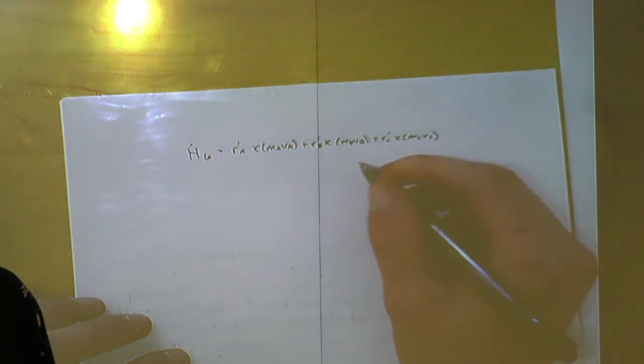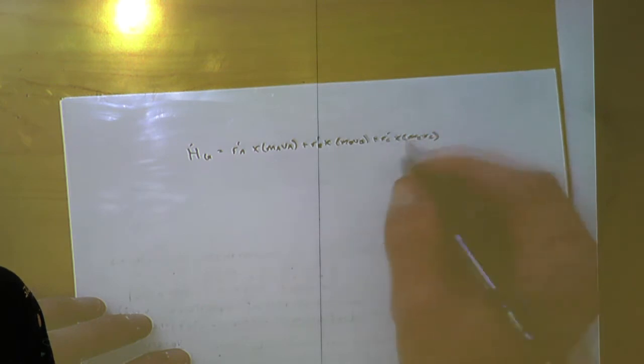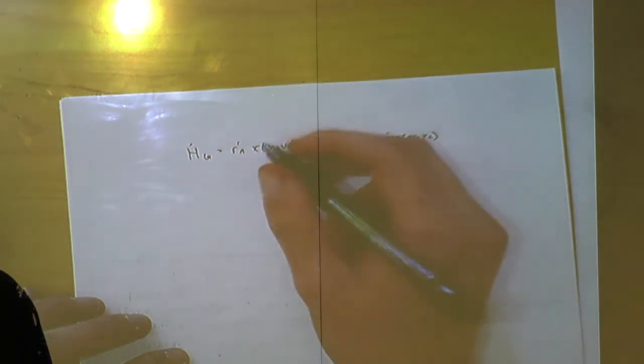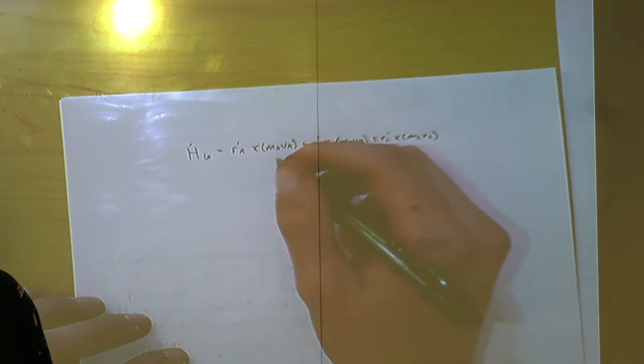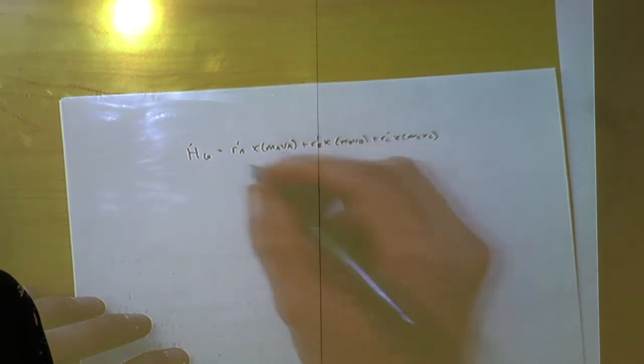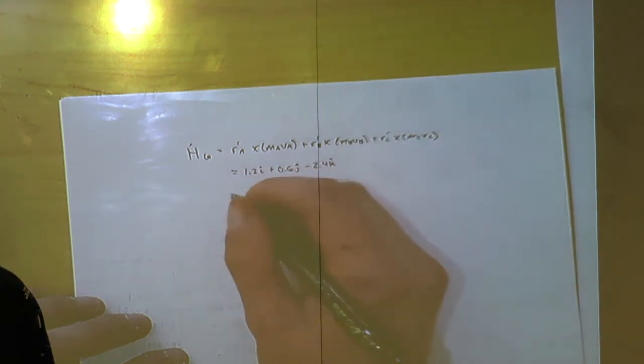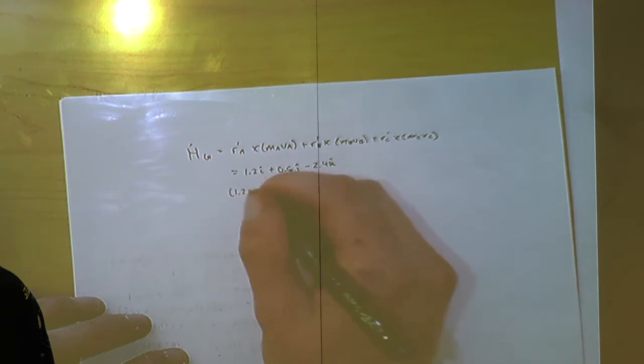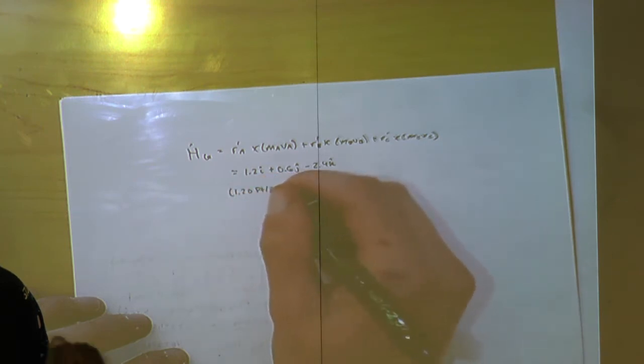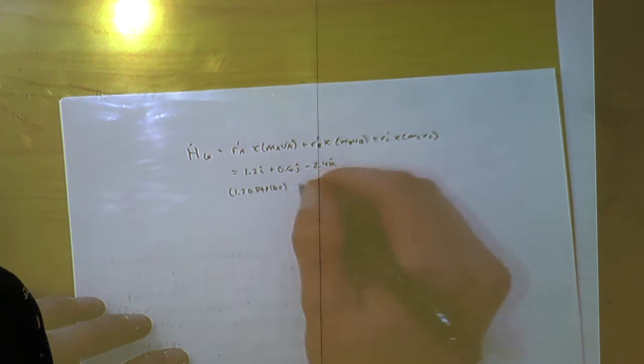And we just solve for all these, so it's pretty straightforward. It's going to come out to 1.2 I plus 0.6 J minus 2.4 K. And that's 1.2 feet per pound second.